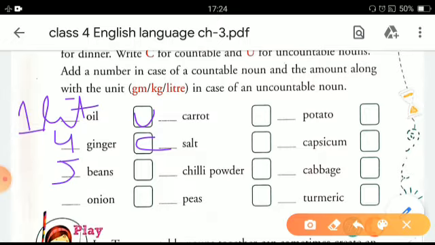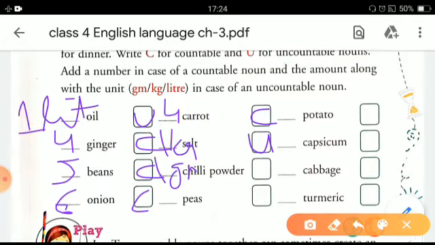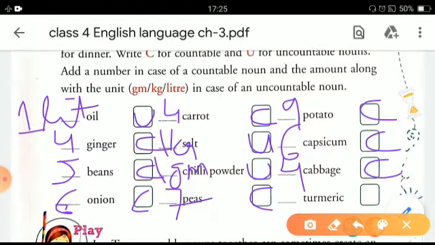Then 5 beans, countable. 6 onions, which is countable. 4 carrots, countable. 1 kg salt, that is uncountable. 1 gram chili, that is uncountable. 7 peas, that is countable. 9 potatoes, that is countable. 6 capsicum, that is countable. 4 cabbage, countable.